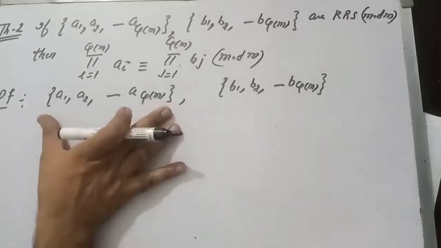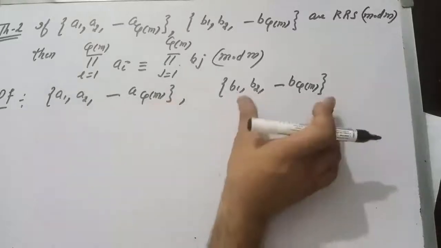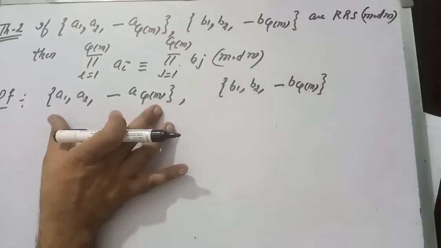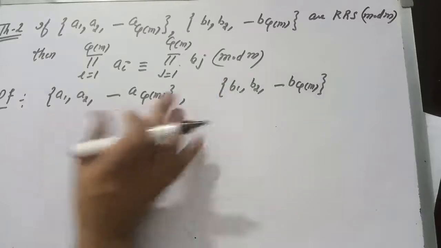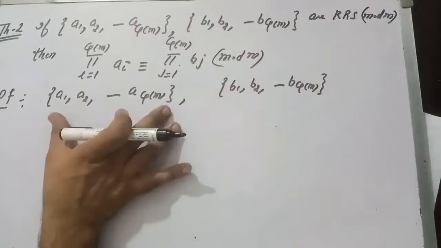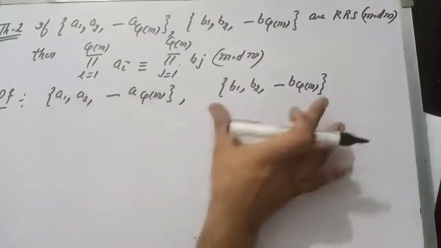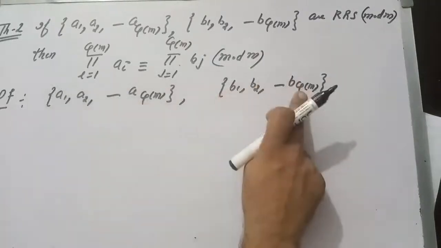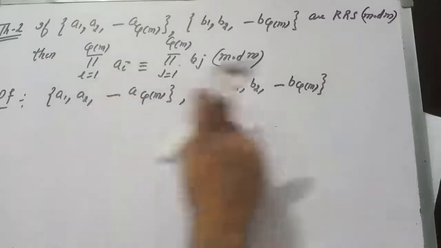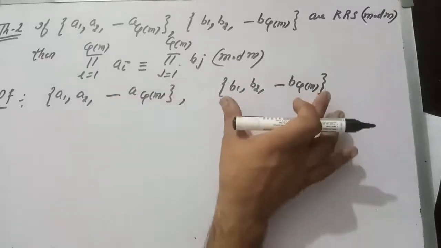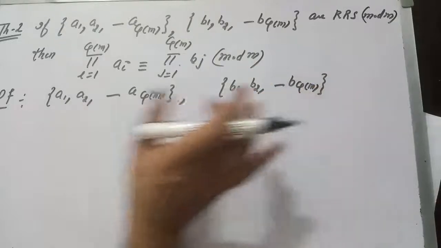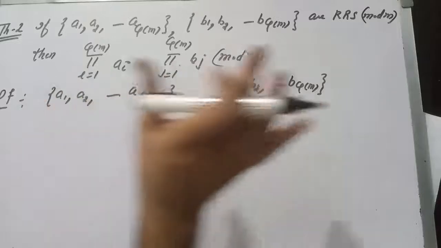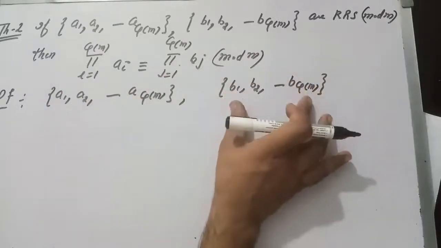It means any element from this set is congruent to exactly one element from the other set, and vice versa.